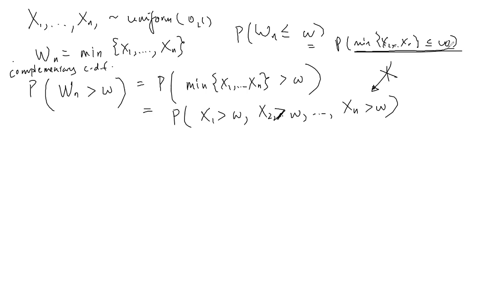All right, so instead of working with the CDF, we work with the complementary CDF when we are talking about the minimum, right? So again, here by the IID property, you can get this.